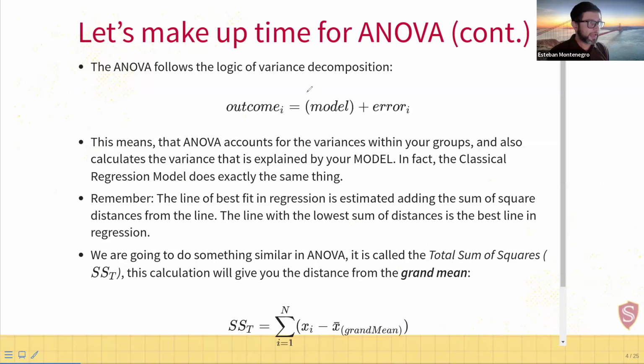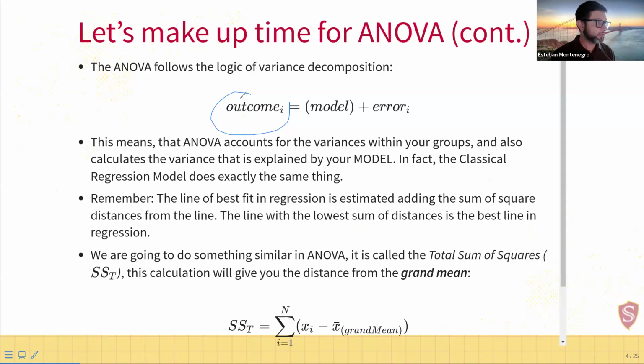ANOVA is actually a linear model, like any other linear model that we study here. T-test is a linear model. Regression was thought to be a linear model, although of course it can be non-linear, but in essence it was thought to be a linear model. And ANOVA could be a linear model too.